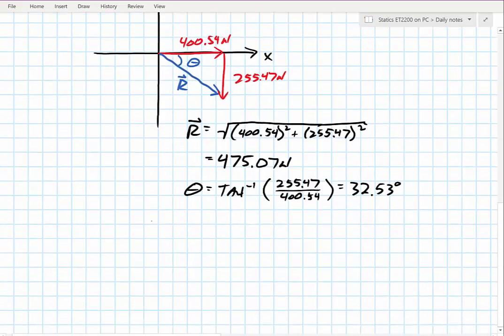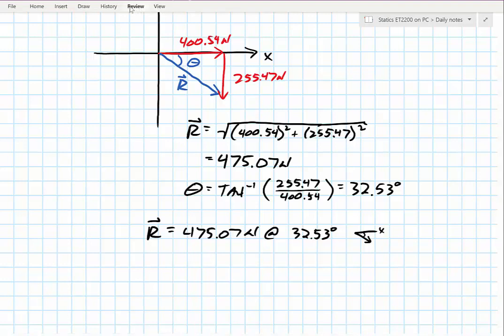So as a final answer, I would probably say that my resultant vector is equal to 475.07 newtons at an angle of 32.53 degrees. And so we know what I'm talking about, that is down from the positive x-axis. So that's a basic example.